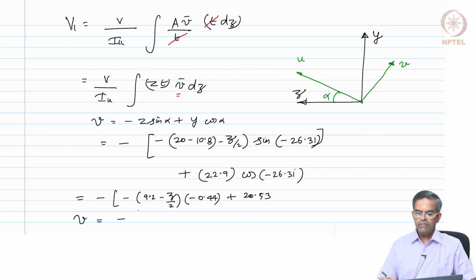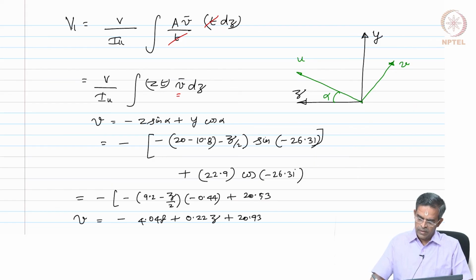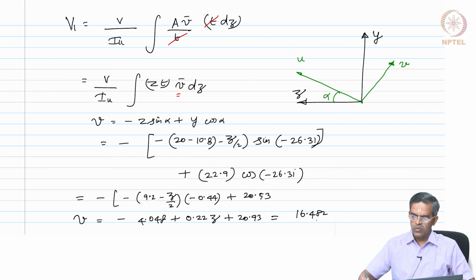minus 4.048 plus 0.22 z plus 20.93, which becomes 16.482 plus 0.22 z, right.